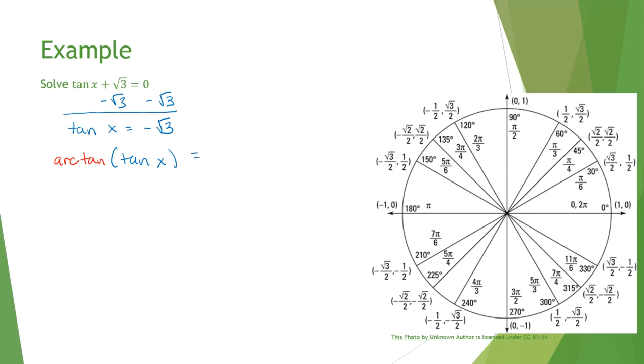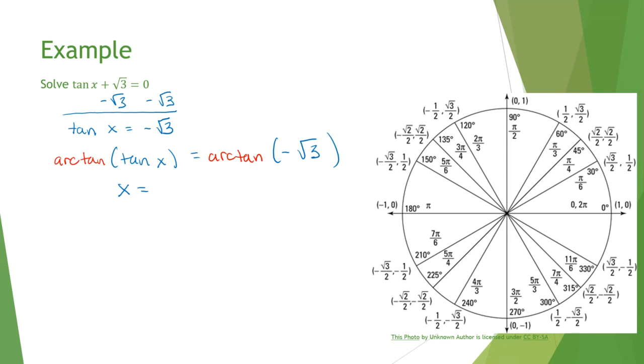We're doing this on both sides. So arctan of the right side, negative square root of 3. So arctan and tangent, those are inverses, so they cancel out, and all you're left with is x. And then you get arctan of negative square root of 3.